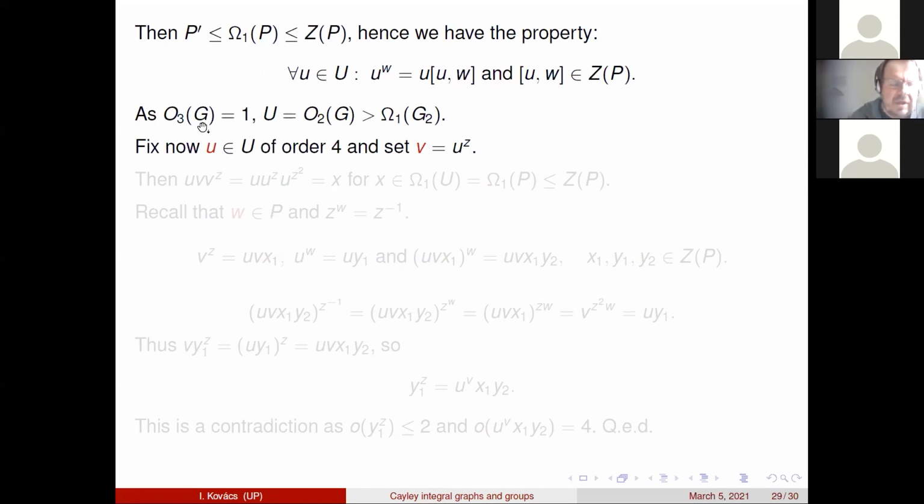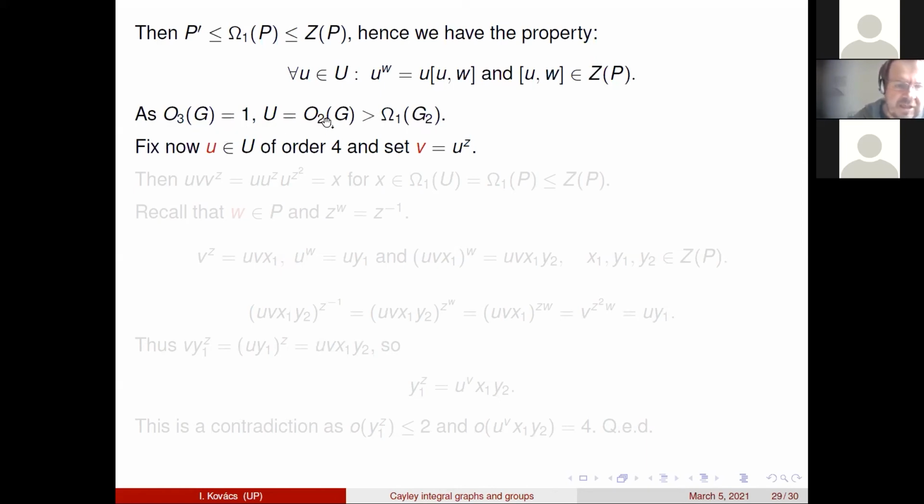Okay, now let's continue. Omega, the largest normal 3-free subgroup, is trivial, because the Sylow 3 subgroup is of order 3, and it is not normal in the group. So the largest normal 3-free subgroup is trivial, and by one of the first lemmas we had, if this is trivial, then the largest normal 2 subgroup should be strictly larger than the group generated by the involutions, which is elementary abelian.